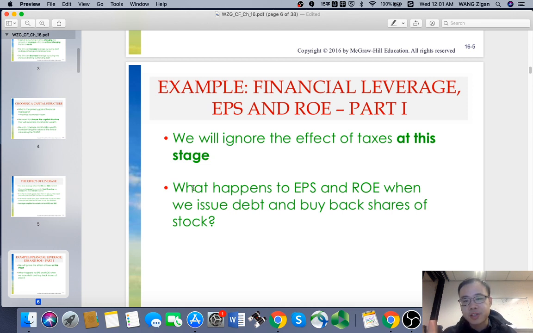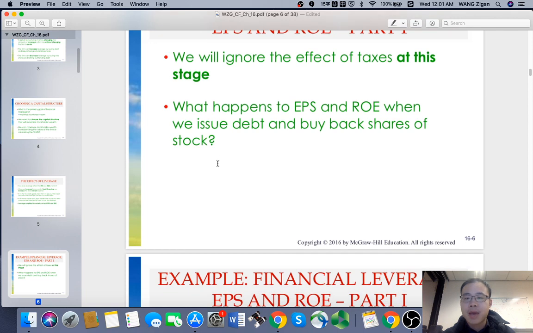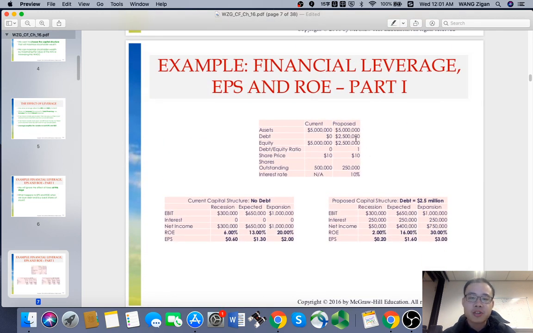So we assume that there is no tax here. So what will happen to the EPS and ROE when we issue debt and buy back shares of stock? Let's take a very simple example. These numbers are made up, so you don't have to question where we got this. I just typed everything in from the textbook into Excel.